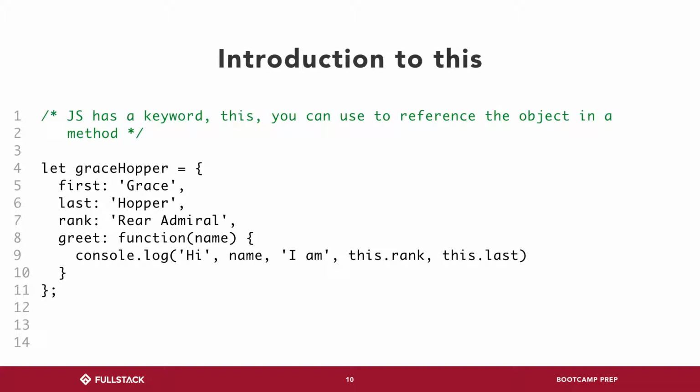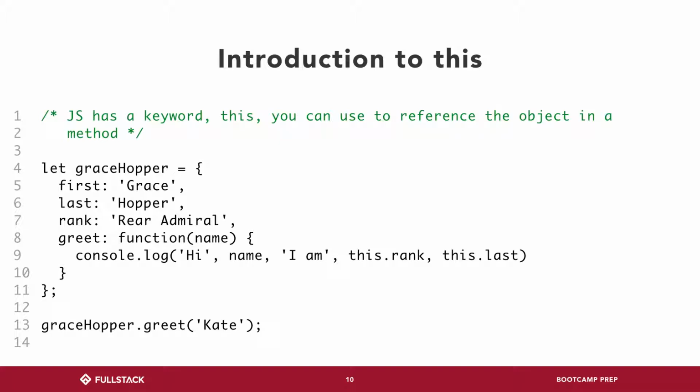Basically, whenever we have a method on an object, the this keyword will always be a reference to the object that we're actually calling the method on. So when we say gracehopper.greet Kate, we plug in Kate for the name, but then we're still able to access these values over here, last and rank, on this, which is this entire object here.